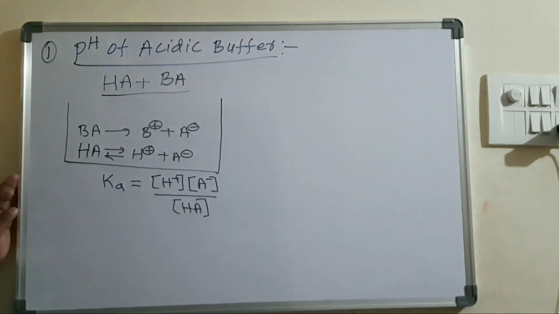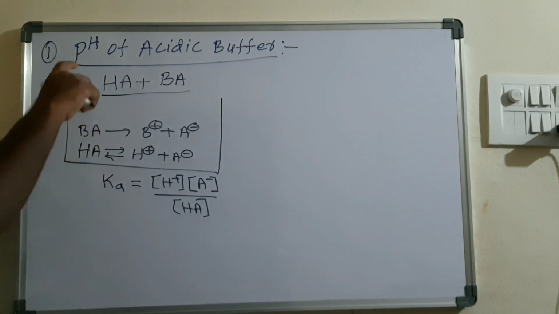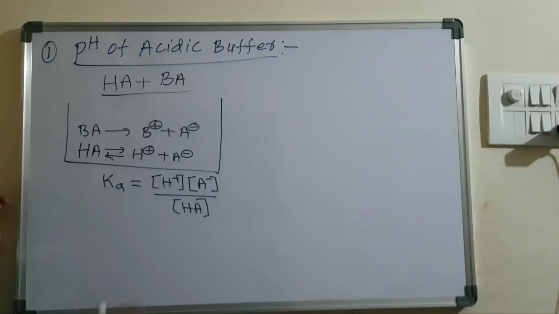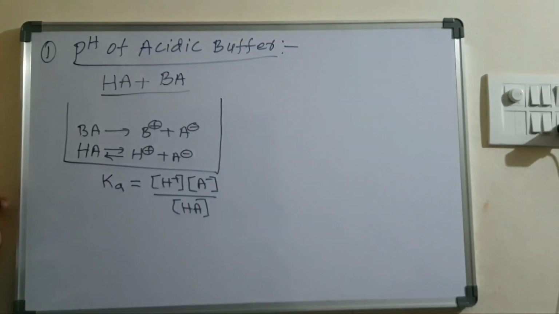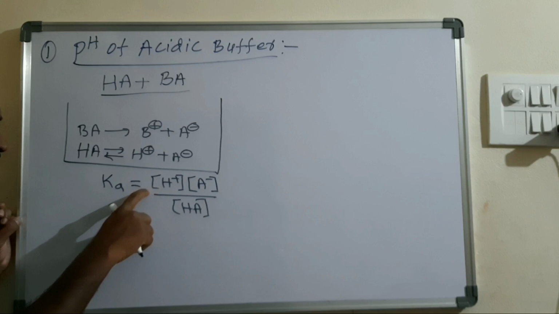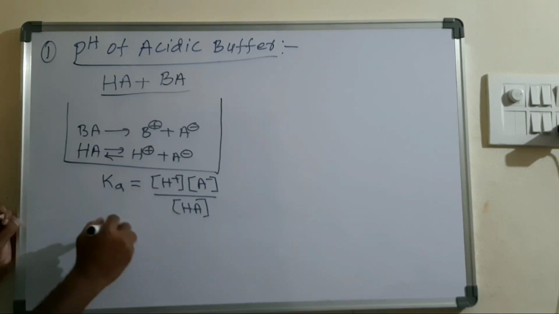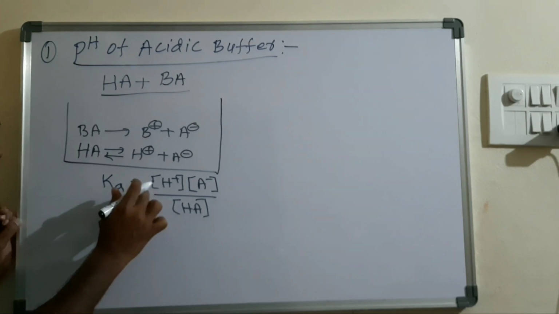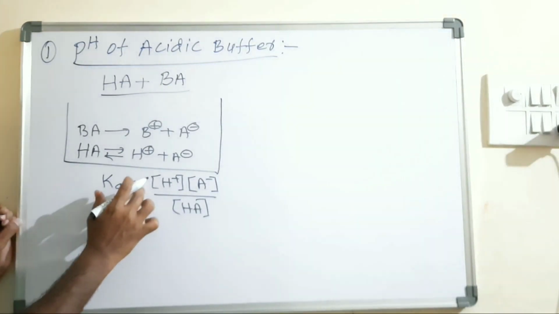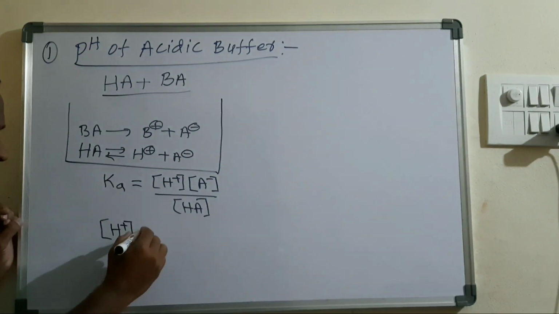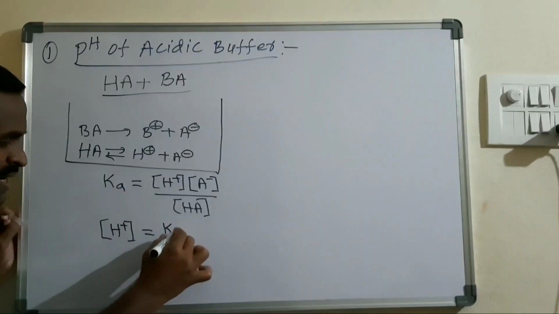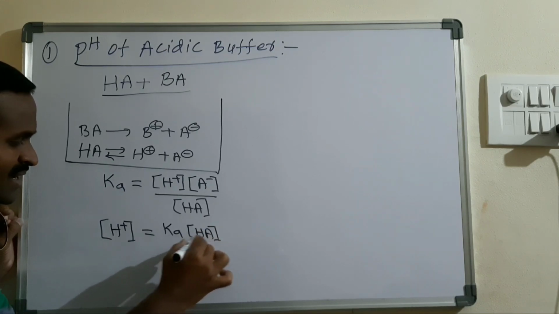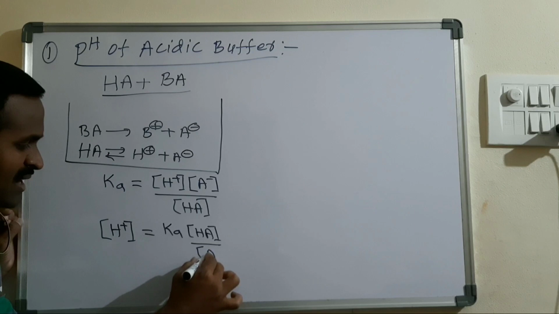For finding the pH, the H plus ion concentration is required, so I make the H plus ion concentration the subject of the formula. H plus concentration equals Ka into the concentration of HA divided by the concentration of A minus.